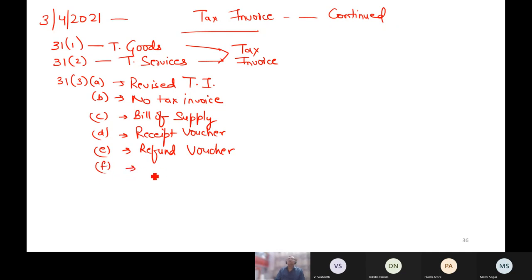Clause F was related to revised tax invoice, no tax invoice, bill of supply, receipt, refund.